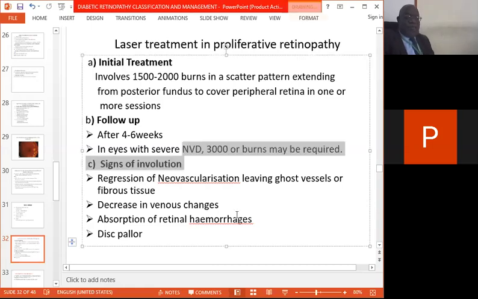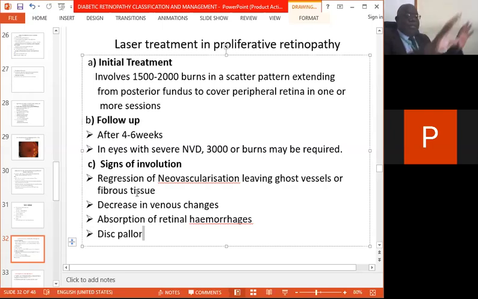Signs that there is improvement: the vessels are disappearing, there's regression of neovascularization, leaving ghost vessels or fibrous tissue. The vessels start disappearing. What remains is the fibrous tissue. There is a decrease in venous changes, and there is absorption of retinal hemorrhages. You find the retinal hemorrhages which were there, they start being absorbed. That's a good sign. Things are catching up nicely.